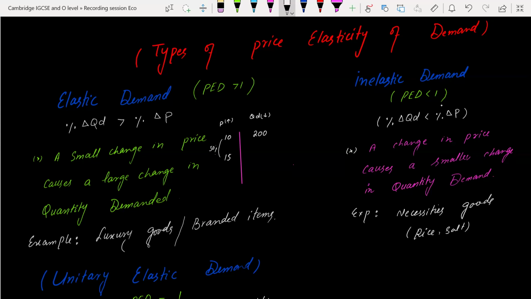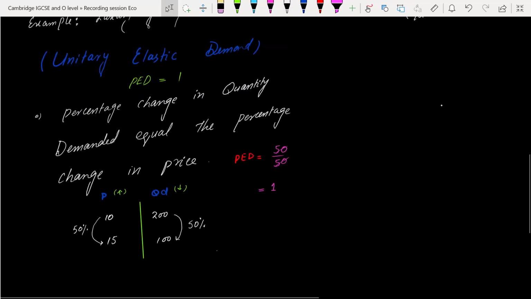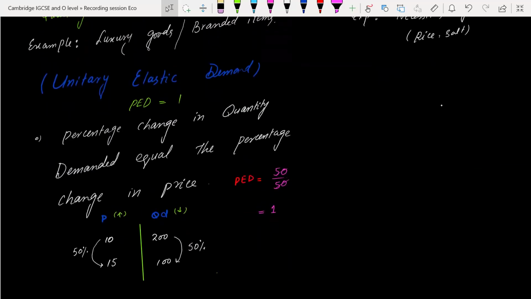In elastic demand, the percentage change in quantity demand should be greater. Meaning if the price is increasing by 50%, the quantity demand should fall more than this percentage, meaning it should fall by 60%. If I take 60% of this one, it will be 80. So when I apply this, 60 over 50, the answer will be greater than 1. So it was unitary elastic.